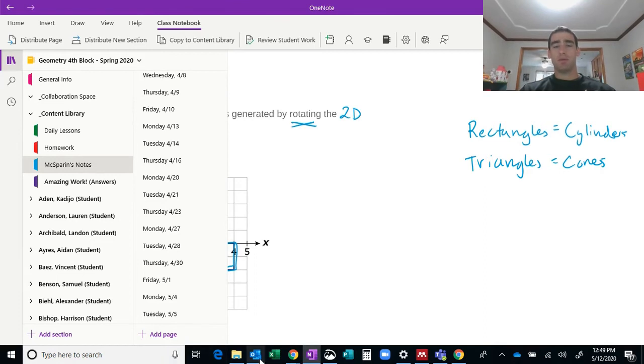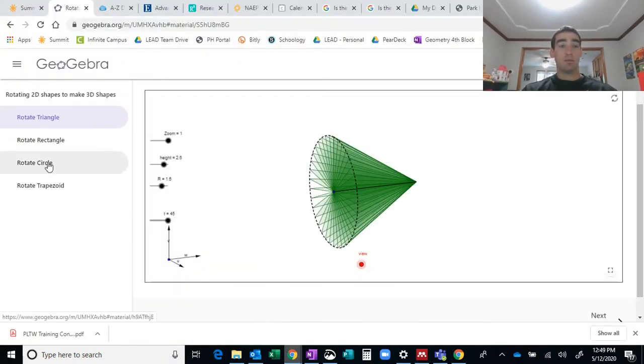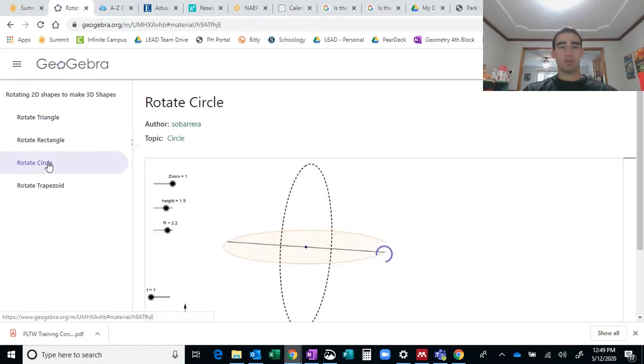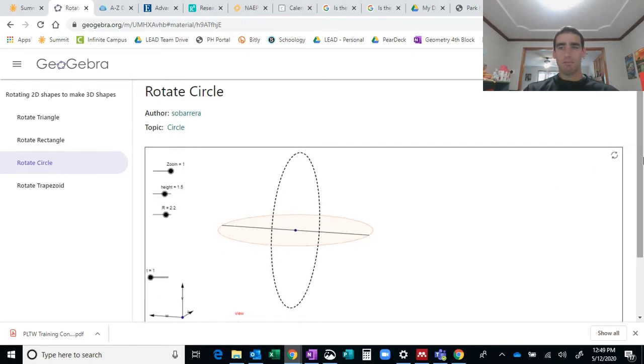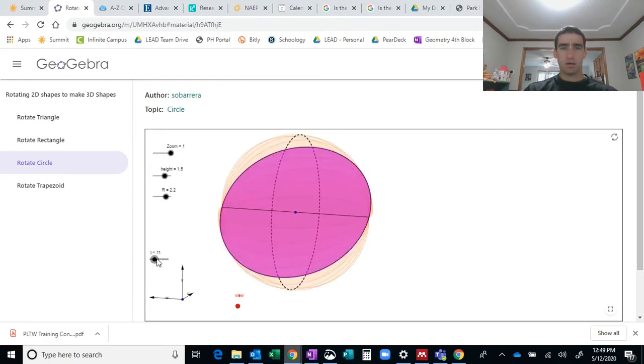All right, let's do a couple more here. Let's see, what else do they have for us? Definitely want to rotate circles. Watch what happens when I rotate this circle. It goes around and around and around. I kind of like to think of it like one of those paper party decorations that you hang up.